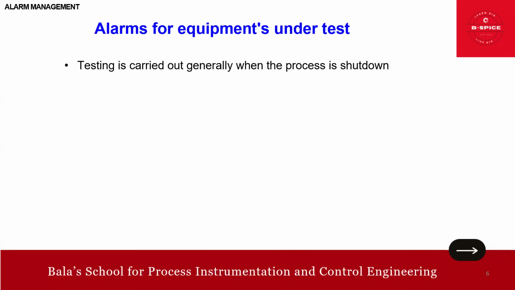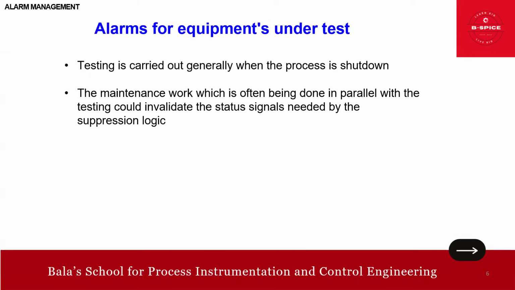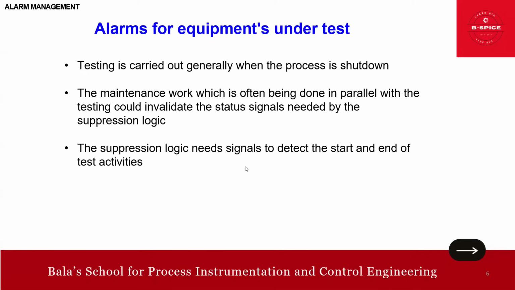The maintenance work, which is often done in parallel with the testing, could invalidate the status signal needed by the suppression logic. The suppression logic needs a signal to detect the start and end of the activity.